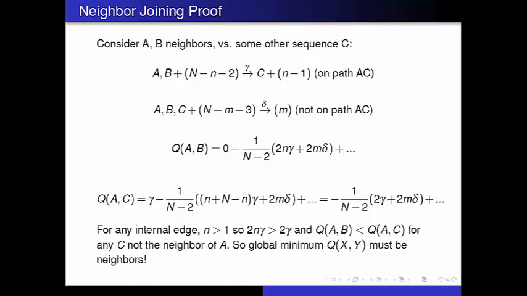That's the special characteristic of this whole function, that only neighbors will not have internal edges showing up here in the distance from A to B, because they're neighbors, therefore there is no internal edge on that path. Questions about this?